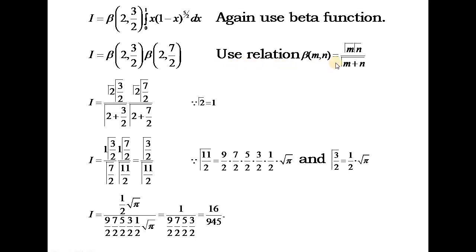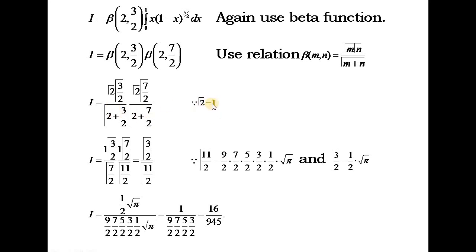Use the relation between beta and gamma functions: beta (m, n) is gamma m into gamma n divided by gamma (m plus n). Here 2 and 3 by 2, so gamma 2 gamma 3 by 2 divided by gamma (2 plus 3 by 2), and the same for gamma 2, gamma 7 by 2, over gamma (2 plus 7 by 2).